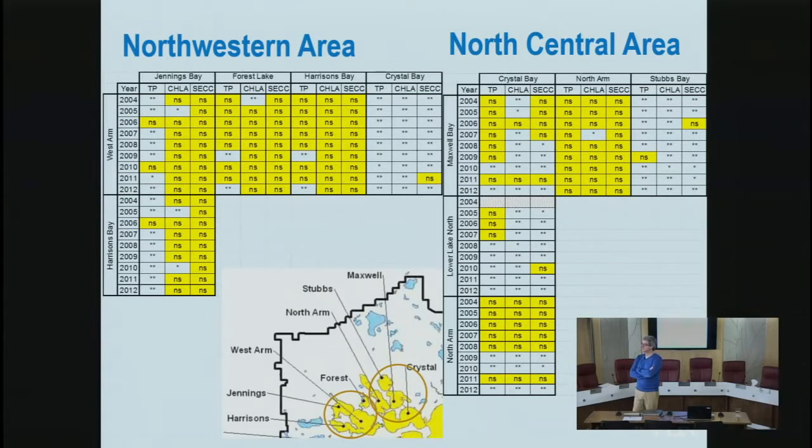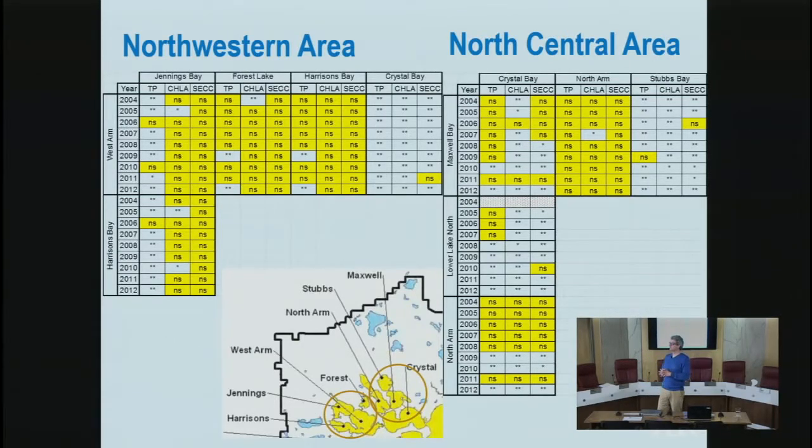The north central area, Stubbs, Maxwell, North Arm, I threw in Lower Lake North and Crystal just for fun. Basically, it says Stubbs is pretty unique. Stubbs Bay is the terminus of Clawson Creek, and then there's a little pinch point, and then you get into Maxwell Bay.